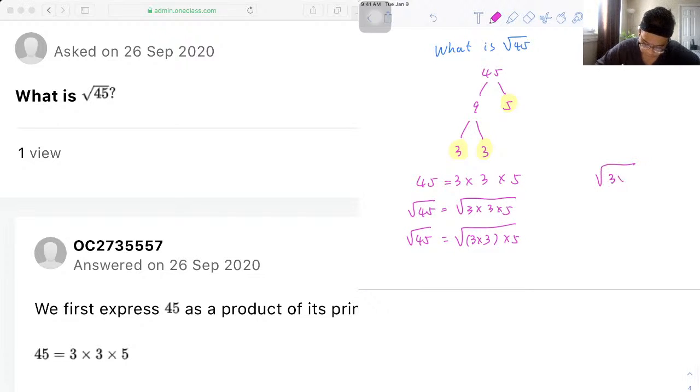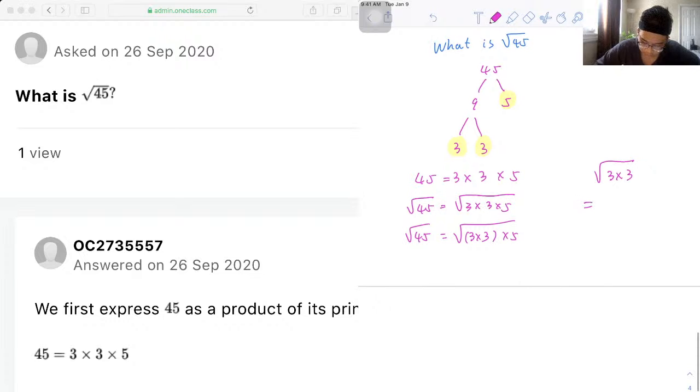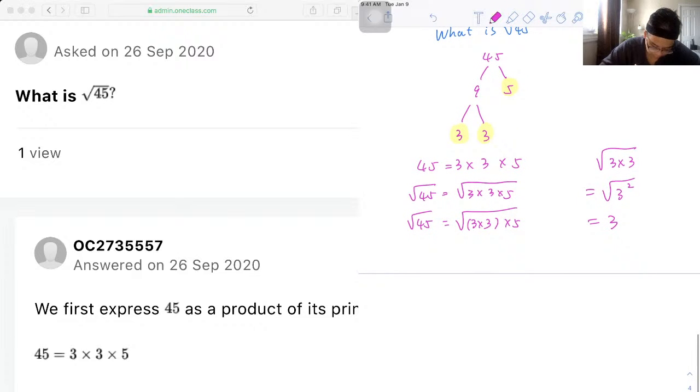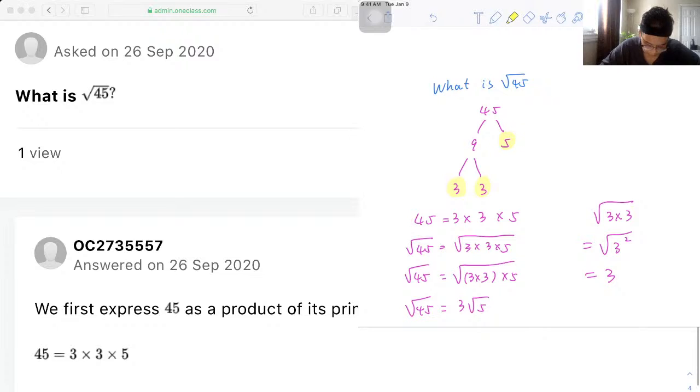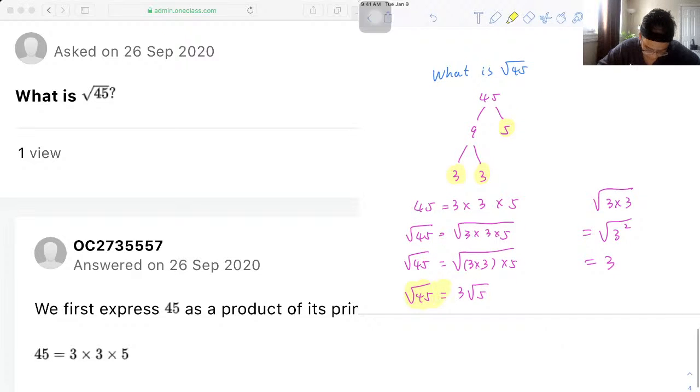Recall that root 3 times 3 is just equal to root 3 squared, which is going to be 3 itself. Therefore, root 45 is equal to 3 times root 5, because we take the 3 out, and that is our final answer. So 3 root 5.